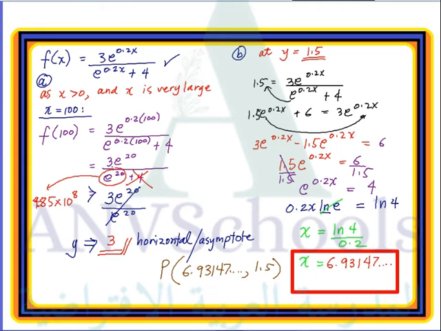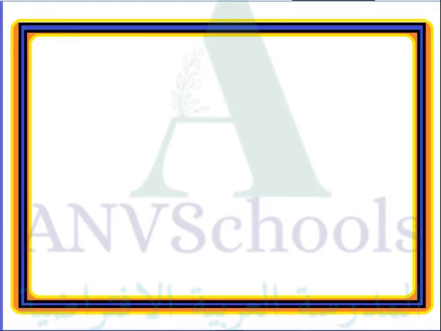Because we found it using algebra, for x greater than 6.93147, the graph is concave down. And for x less than 6.93147, the graph is concave up.